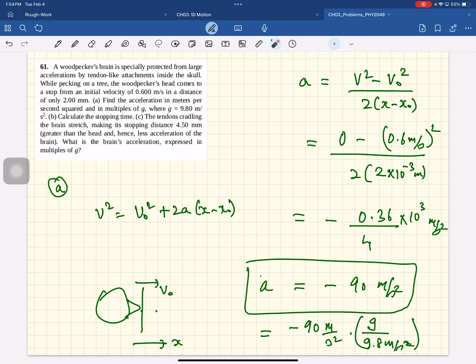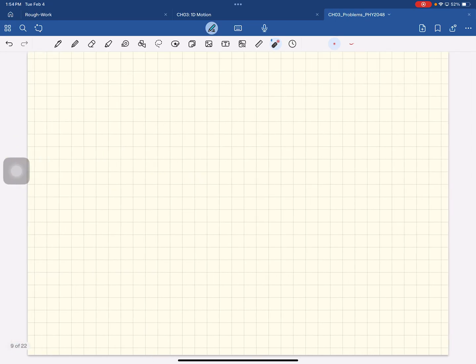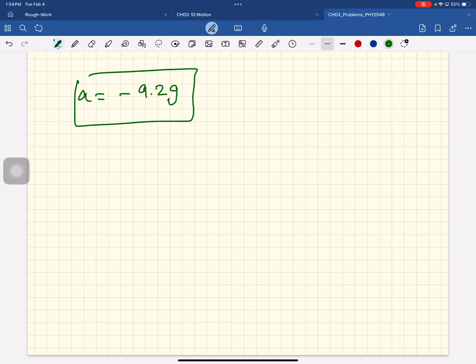You'll see in a second why I'm doing this. Well, 90 divided by 10 is roughly 9, so that's 9.2. So the acceleration was 9.2 g.